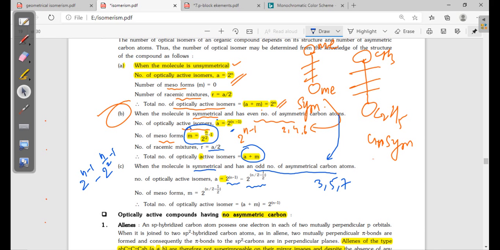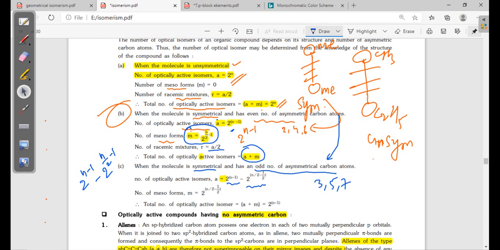The same question was there in geometrical isomerism also, the same formula. Here n by 2: suppose the number is odd, if you divide it, it will become a fraction value. So we don't take fractions. Like that you can remember, n by 2 minus 1 we are taking in case of an even number.